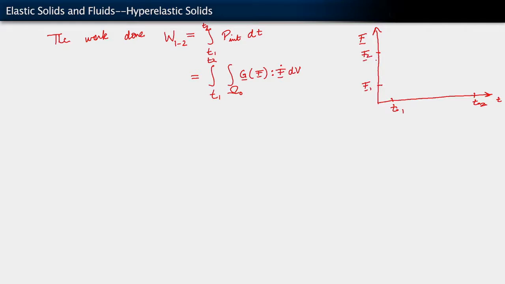The points of interest here are those two. Of course, in this space, there is an infinity of paths that we can take between time t1 and t2, starting out at F1 and ending at F2. So that's path 1, that's another, and so on.